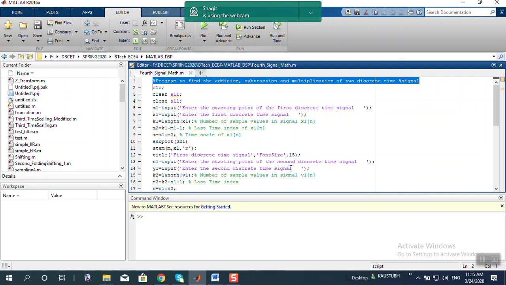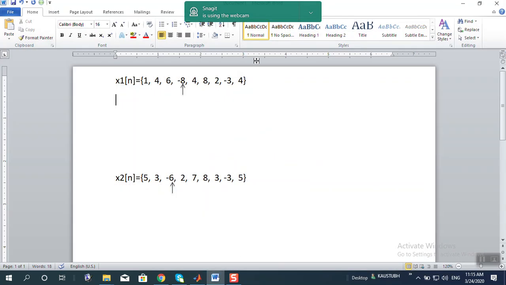But this should be automatic for any discrete time signal. Therefore, I am just showing you with an example.